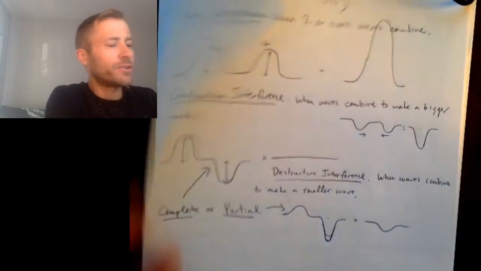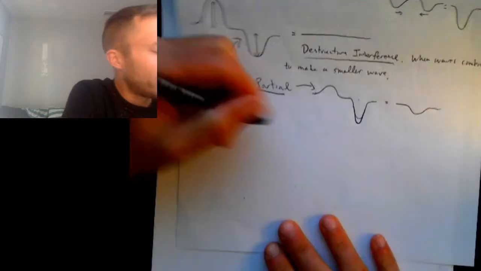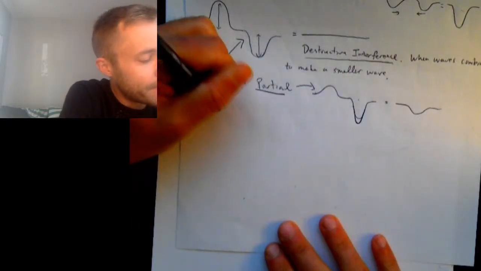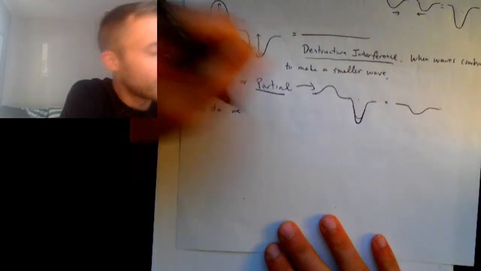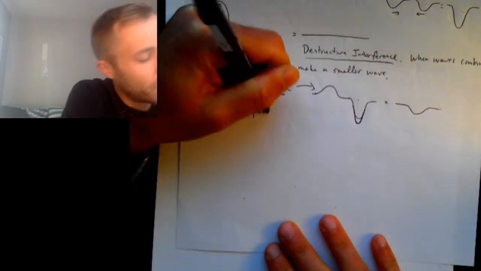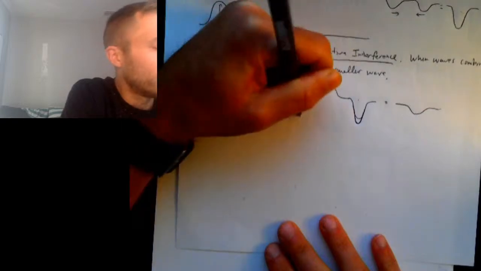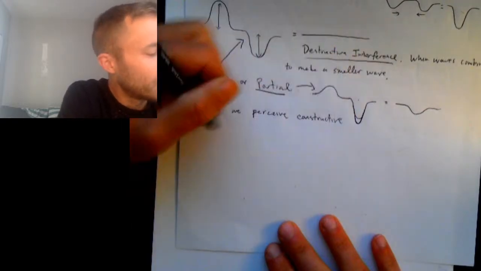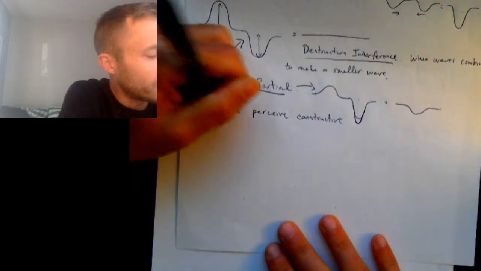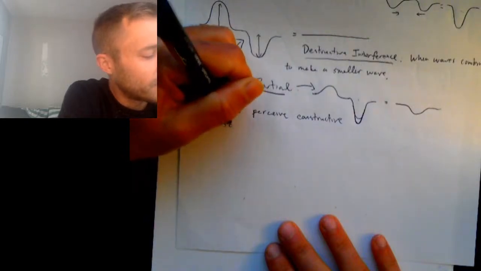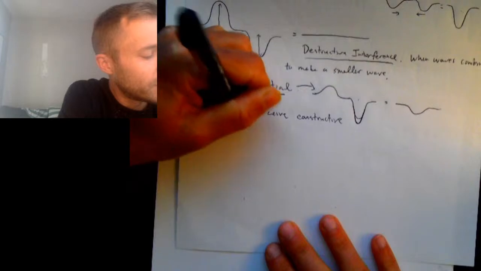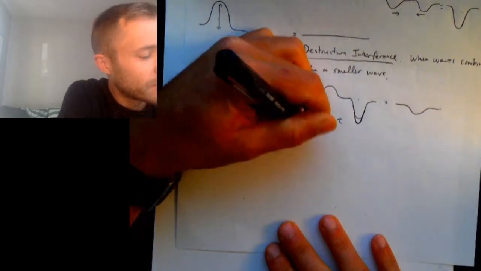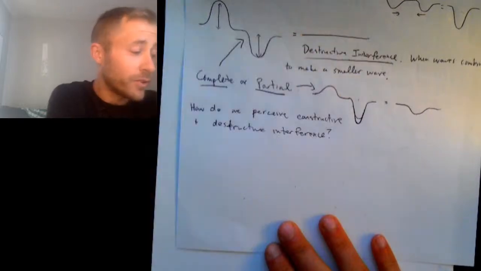So there's the question of how do we perceive constructive and destructive interference. How do we perceive it?